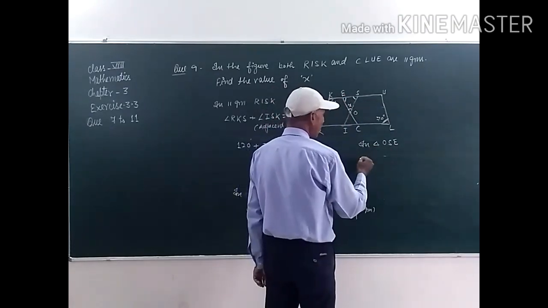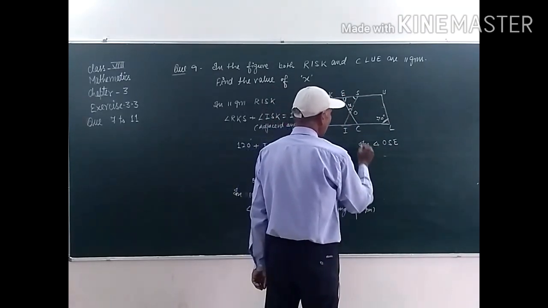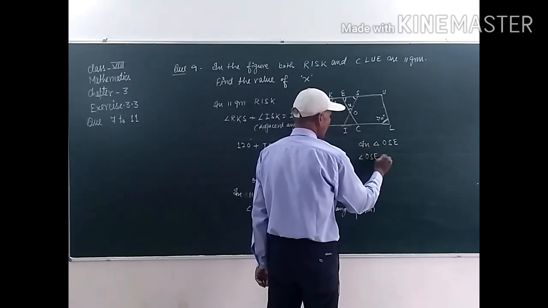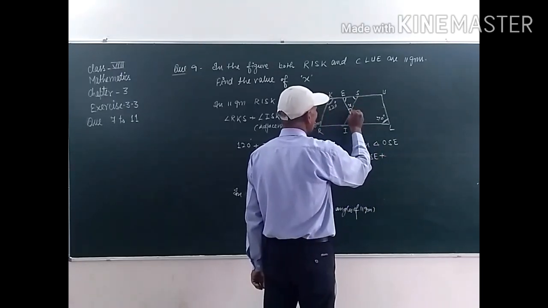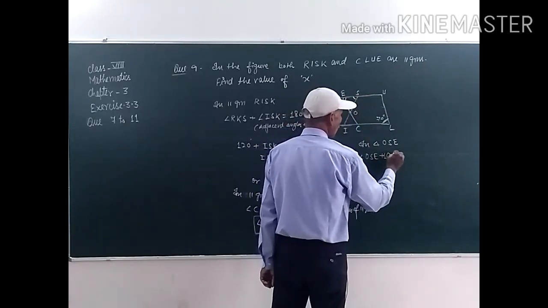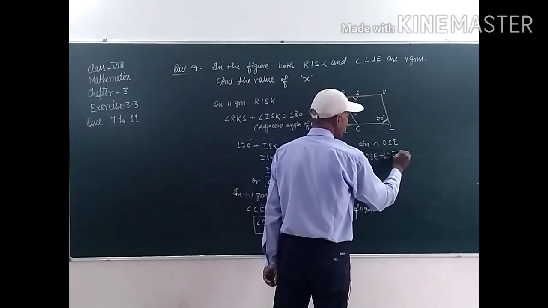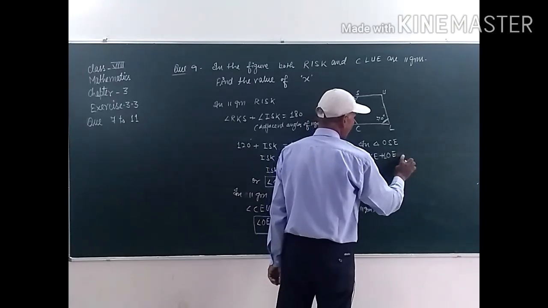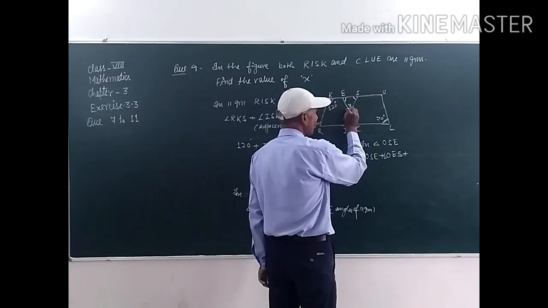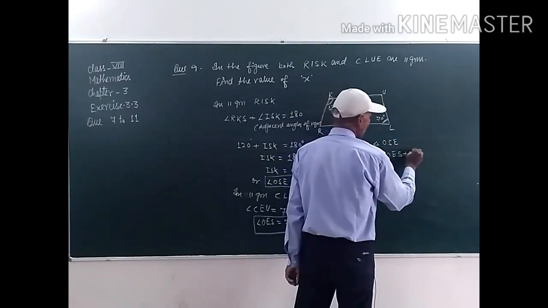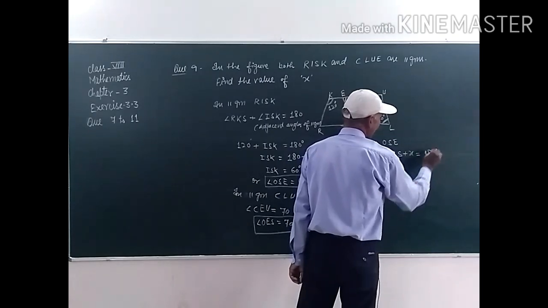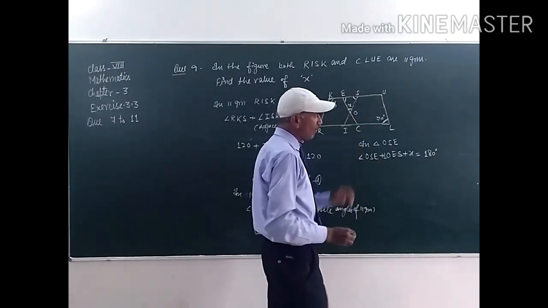In triangle OSE, angle OSE plus angle OES plus x, the measure of third angle is x, student, is equal to 180 degree.